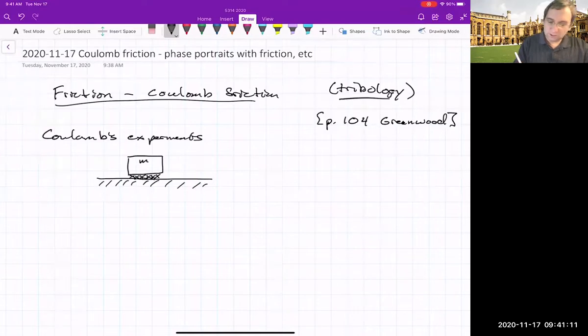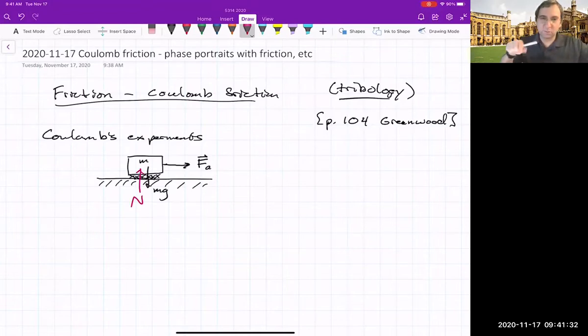So he was pulling on one side with an active force. Let's call that FA. This thing is being pushed down with mg, and then it also has a normal force pushing up on it. I think that's exactly balancing. And what he noticed is that he could pull with some force FA, and this seemed to be exactly balanced by a force of friction up to a point.